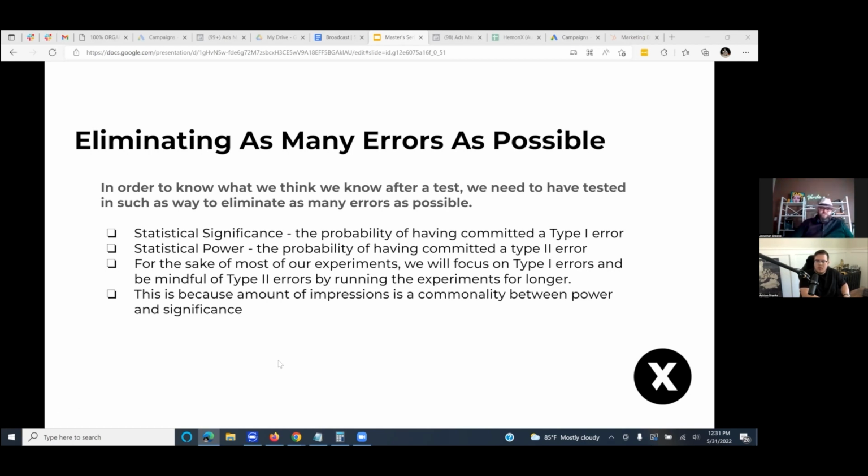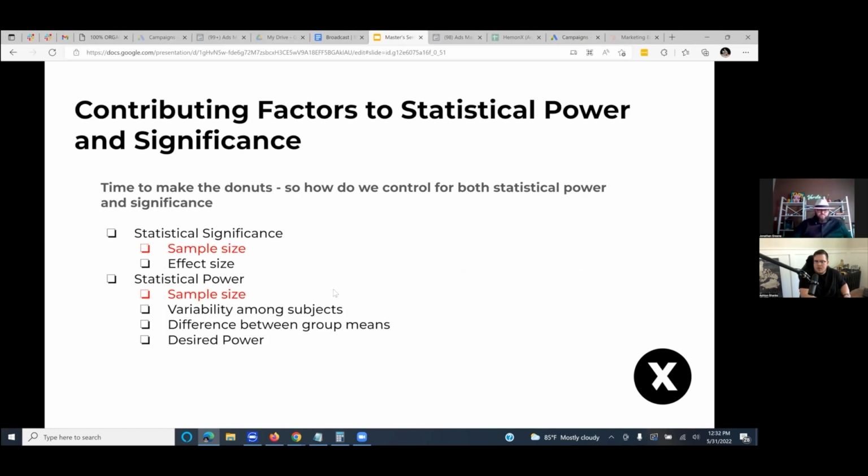But when we jump to the next screen, you will see that there's one common element between the two factors that allows us to adjust our tests to make sure reasonably certain that we don't have either type of error. And that's what we want to accomplish, all right? As I look at statistical significance and statistical power, you will see that statistical significance is calculated using sample size and effect size, which is to say, how much difference is there in the conversion rate between the two treatments, right?